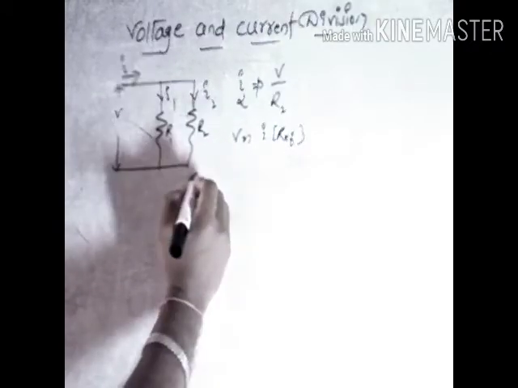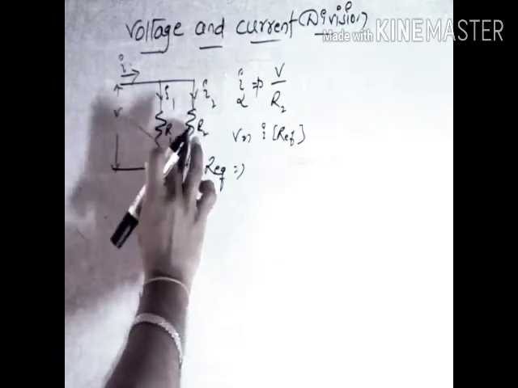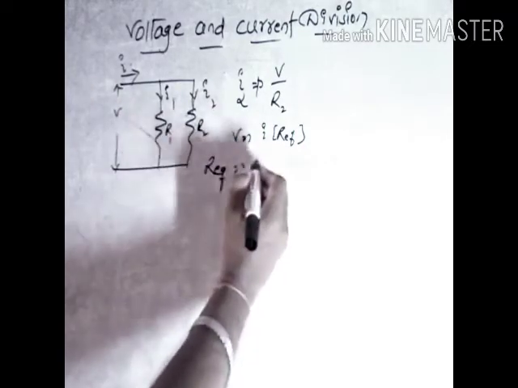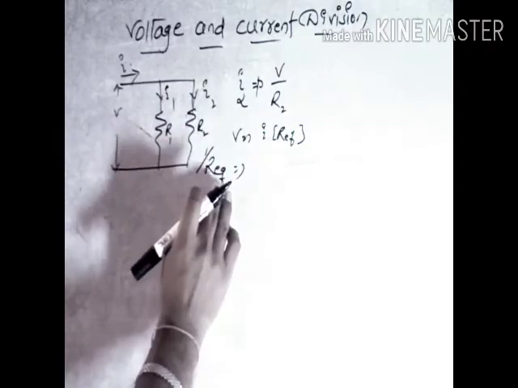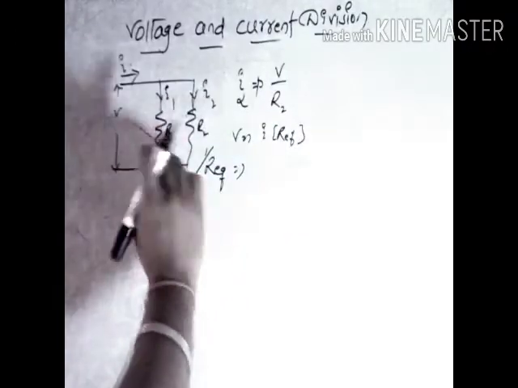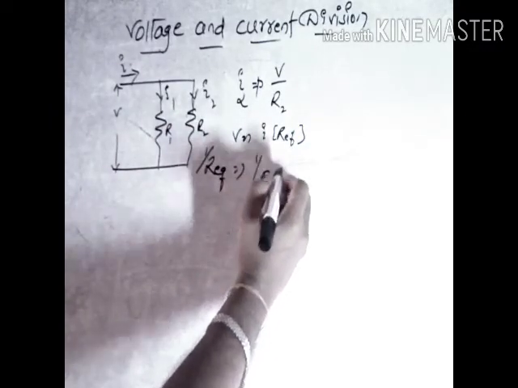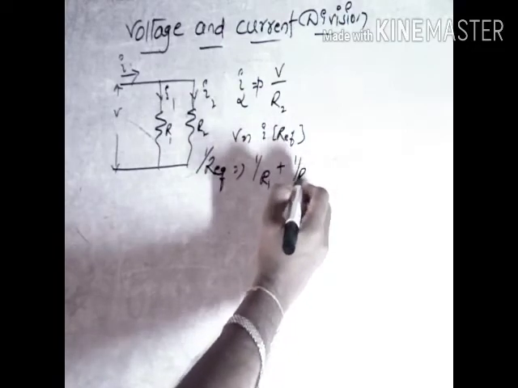But R equivalent can be calculated as follows. These two resistors are in parallel connection. So when parallel connected resistors are there in the circuit, we have to use 1 by R equivalent equals 1 by R1 plus 1 by R2.